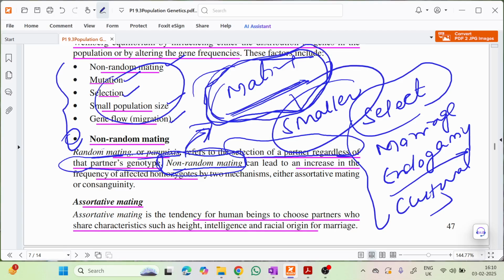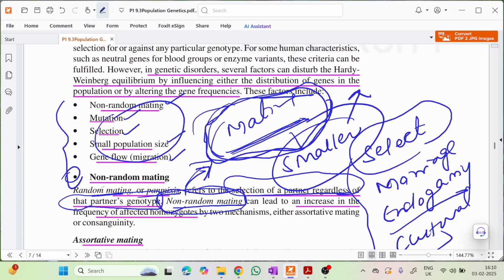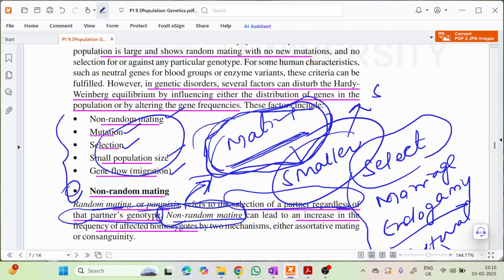So in short, we can say that here the population size is small.